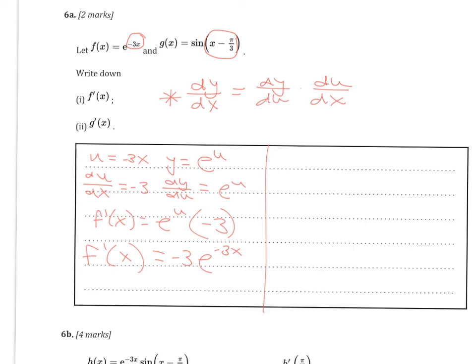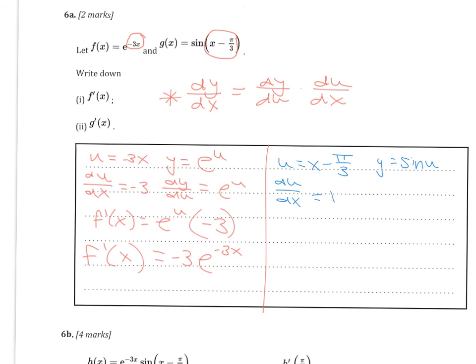For part 2 of the same question, we're going to do the same idea. We're going to define u as that inside function. And that means that our y is just sine of u. And then when we differentiate du dx, well, the derivative of x is just 1.